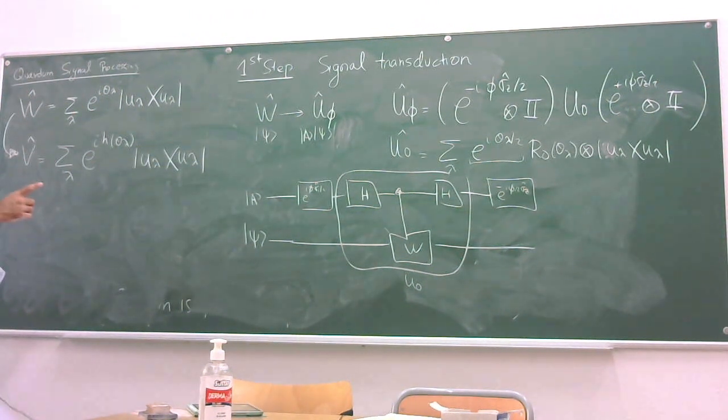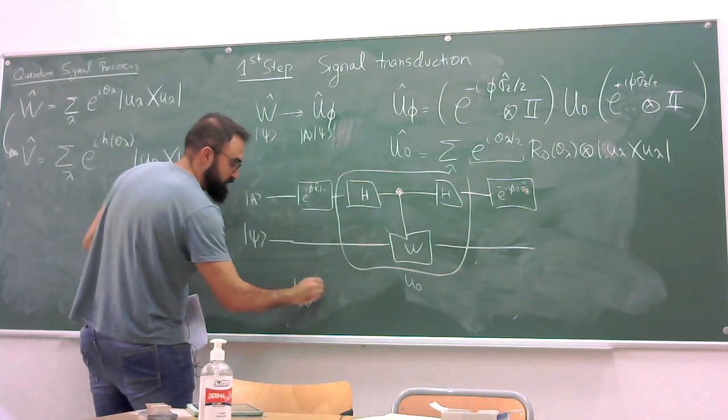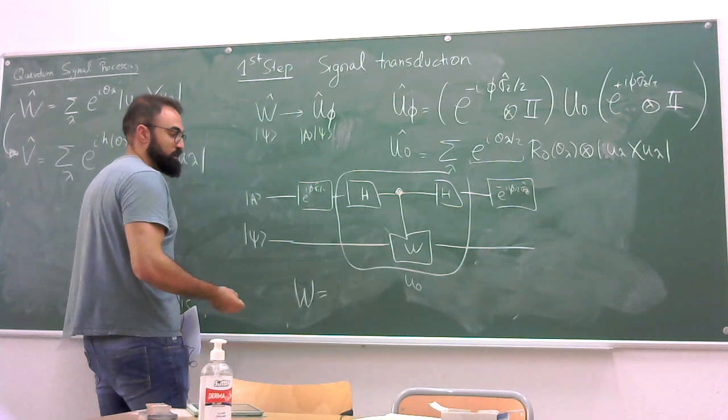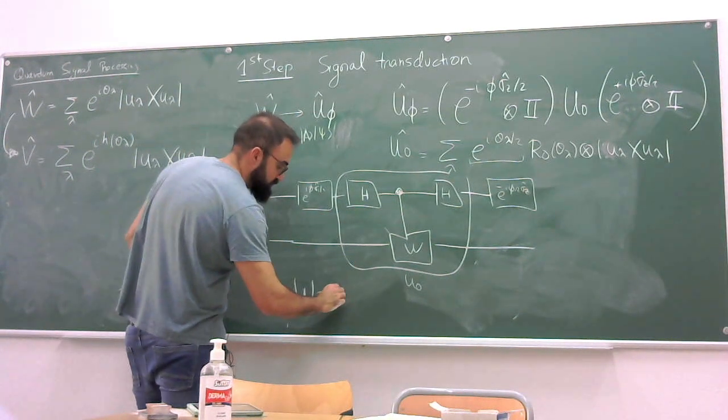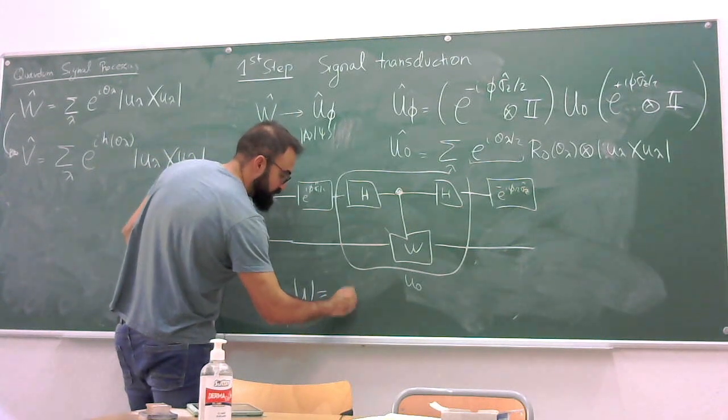And who is W in our case? W is the sequence of the isometry, and then applying the quantum random walk operator.